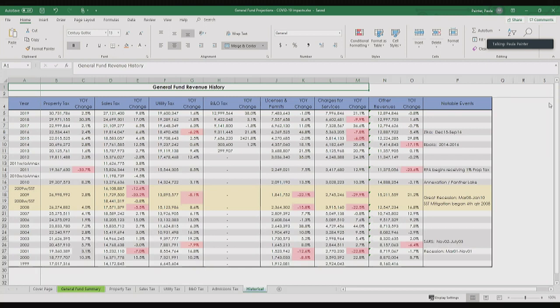But where we were more significantly hit was in sales tax. You can see that over that time we saw reductions in our sales tax numbers. Also, in the next column over, you'll see reductions in utility tax numbers, licenses and permits, and charges for services.